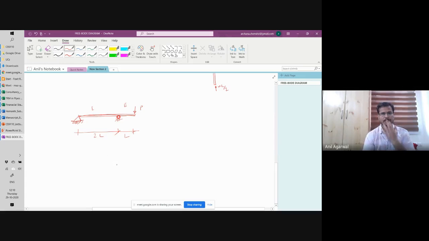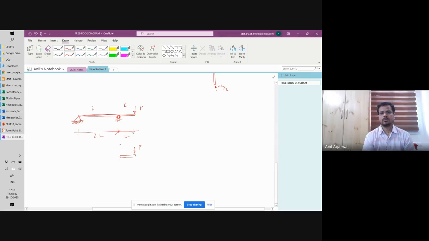Okay. So we will start with the bending moment diagram. All of you must have done enough exercises of this type of problem. So let me first draw the free body diagram of part 2. I've got an external force P acting here.